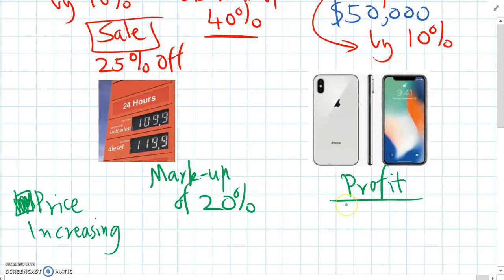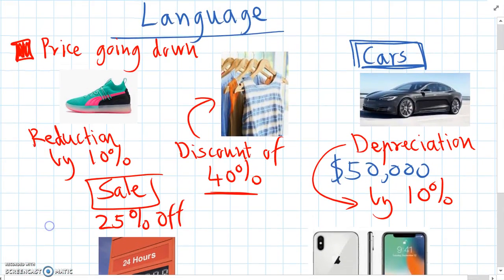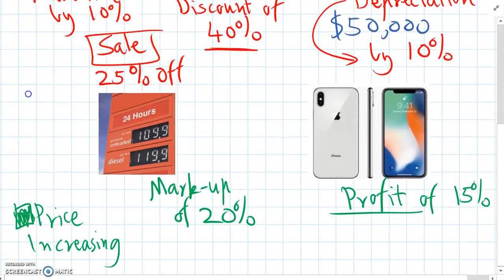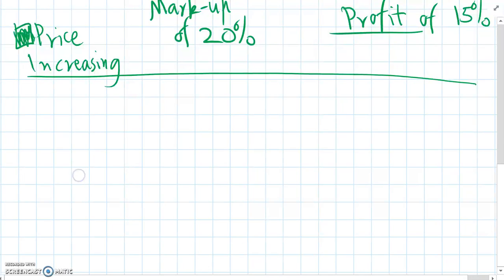You can earn more money back. So a profit of 15% means the price has increased from what it started as. So prices can go up or down, and these are the main words we need to be aware of when we're working out real life questions with percentages.